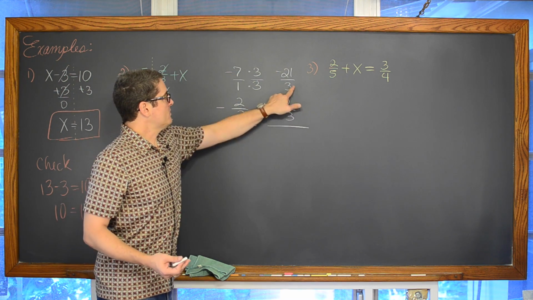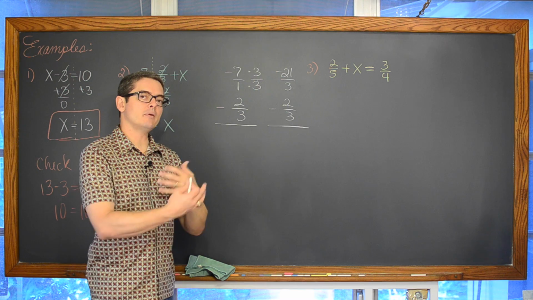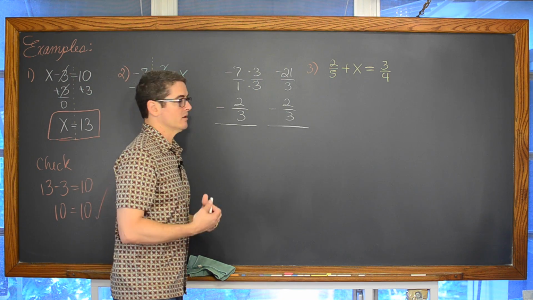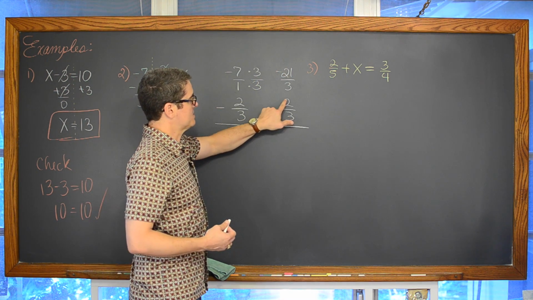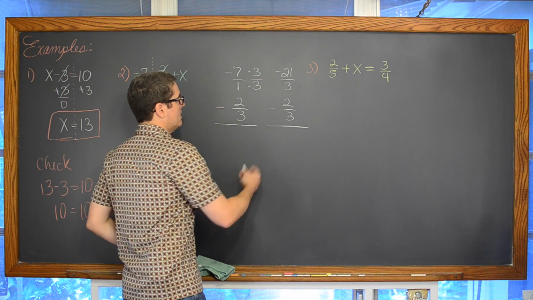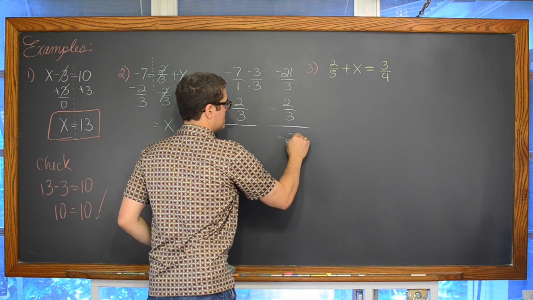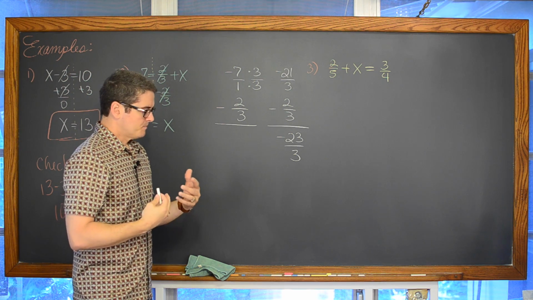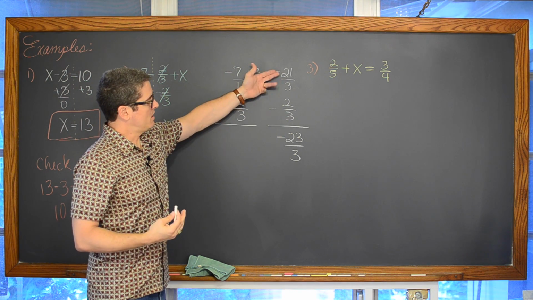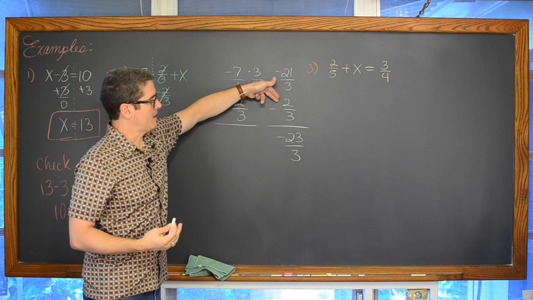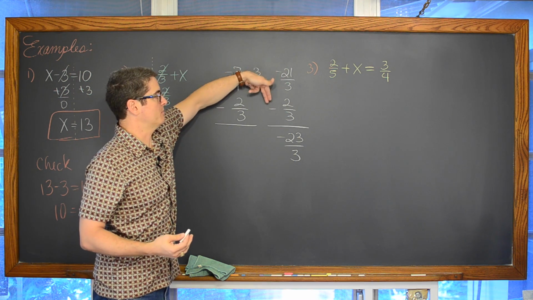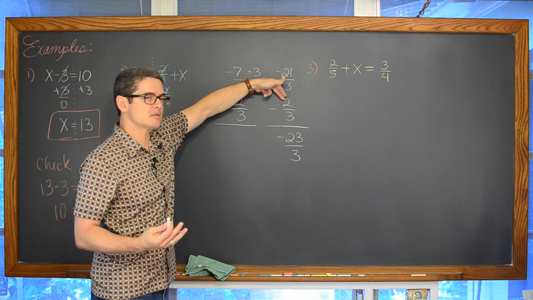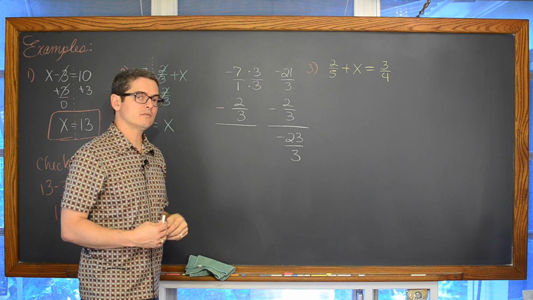Negative 21 over 3 has the same value as negative 7 because, hey, negative 21 divided by 3 is negative 7. Now that we have those common denominators, we're going to combine those numbers on just the numerator. So negative 21 minus 2, that's going to come out to be negative 23 over 3. Negative 21 minus 2 is the same thing as negative 21 plus a negative 2, if you like to see it that way, to give you the negative 23.